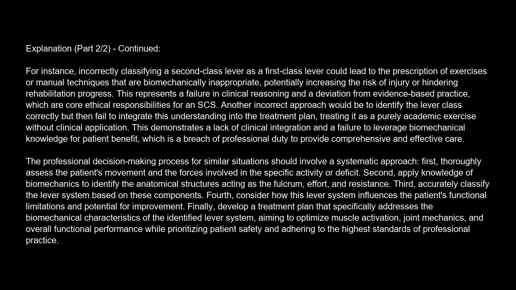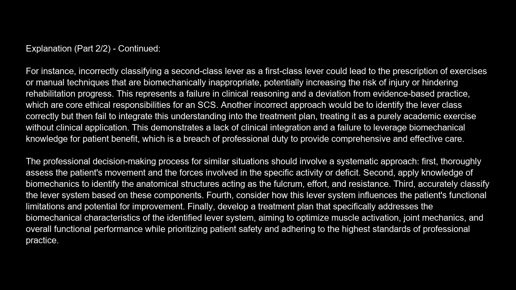The professional decision-making process for similar situations should involve a systematic approach. First, thoroughly assess the patient's movement and the forces involved in the specific activity or deficit. Second, apply knowledge of biomechanics to identify the anatomical structures acting as the fulcrum, effort, and resistance. Third, accurately classify the lever system based on these components.